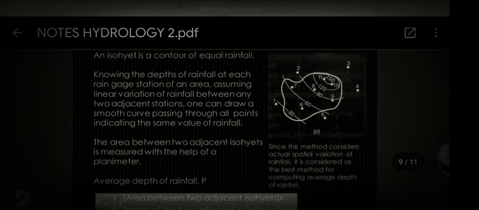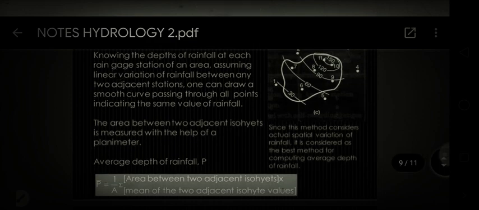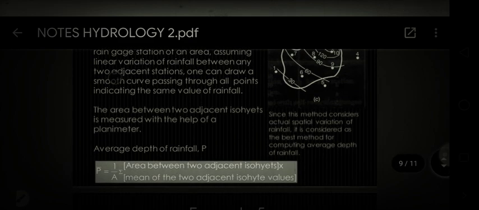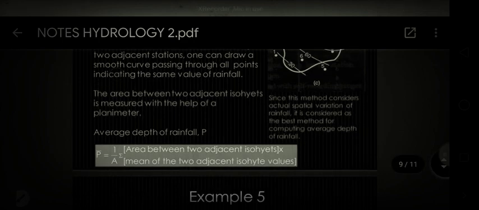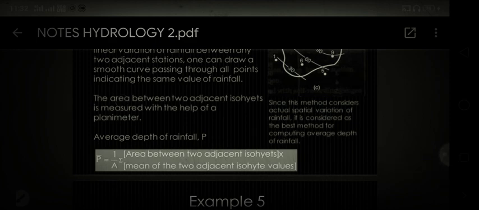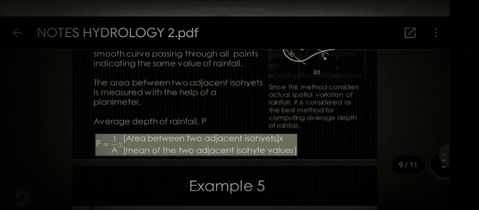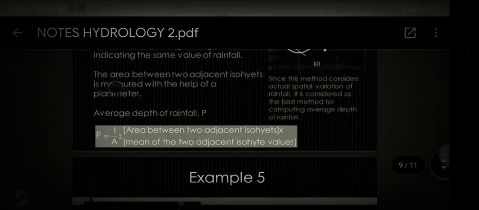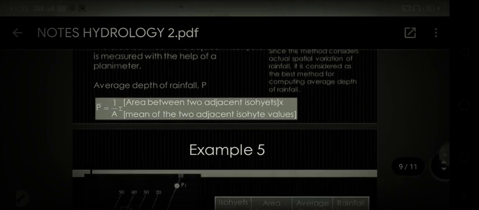Since this method considers the actual spatial variation of rainfall, it is considered the best method for computing average depth of rainfall. From a theoretical point of view, we have an empirical formula: P bar, which is the average rainfall, is equal to 1 upon A, summation of the area between two adjacent isohyets into the mean of the two adjacent isohyet values.